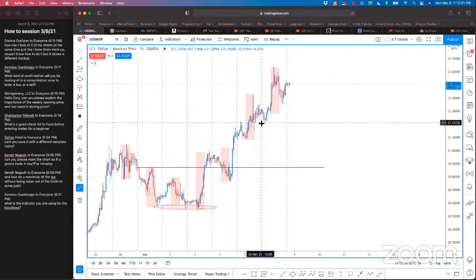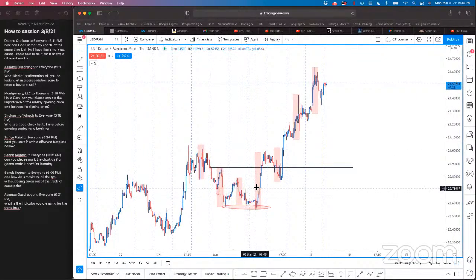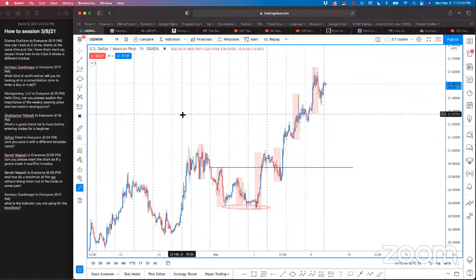And in this case, you could have still been in this trade based off of understanding the weekly, but looking at it from the 1 hour perspective.